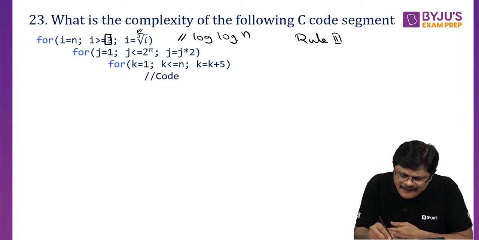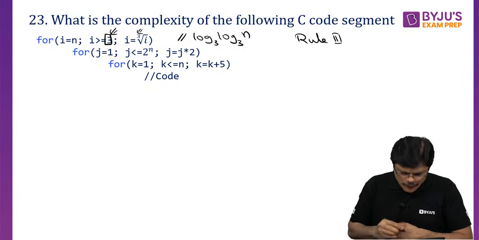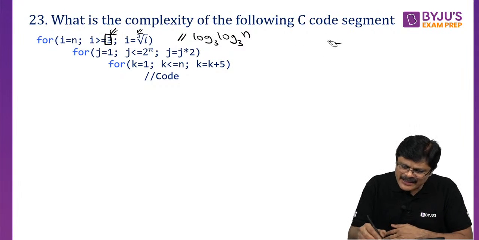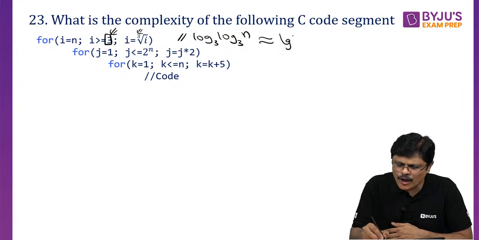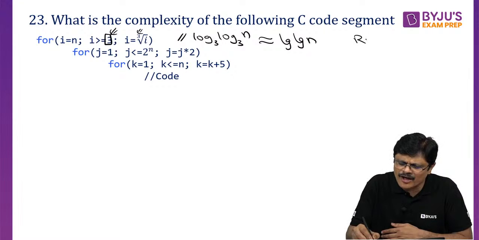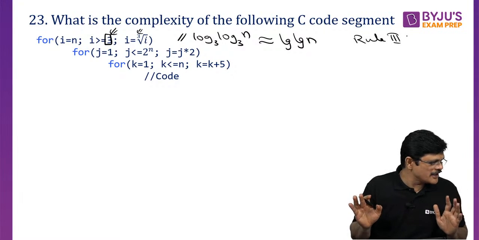This is 3, therefore here the base is 3. But as I told you, the base of logarithm hardly matters. Even if you write asymptotically this as log n, there is nothing wrong, my dear friends. Hope you understand.